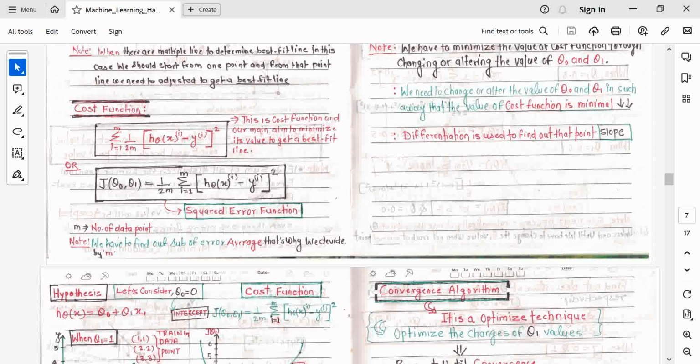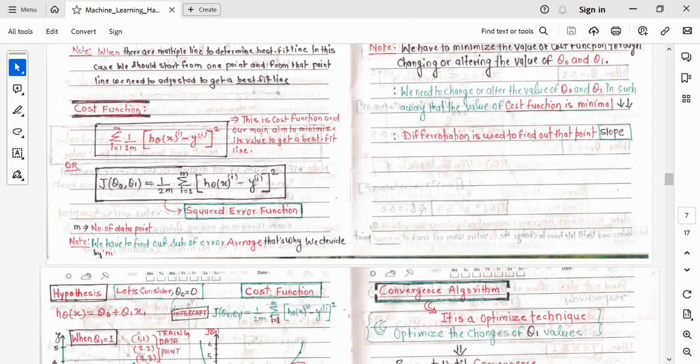This notation is called the squared error function, where m equals the number of data points, how many data points we are going to consider. We will have two kinds of points: the actual points and the predicted points.